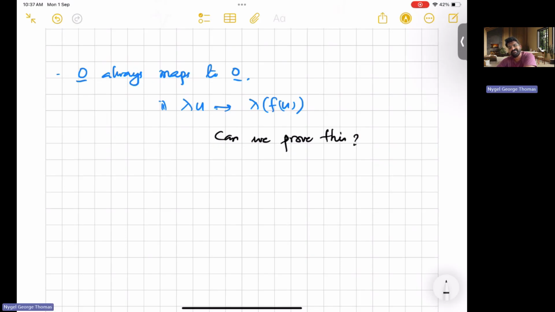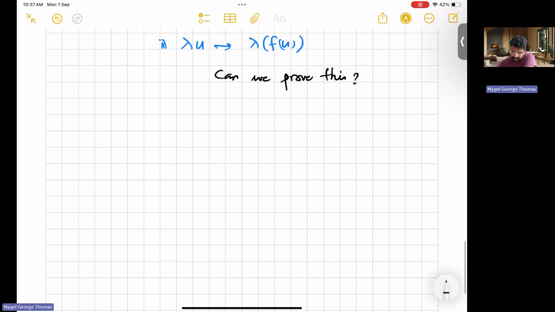What are the cases where zero does not map to zero? If you just do any kind of scaling, zero always maps to zero, right? Because multiplication with zero always ends up giving you zero. The only possible case is you can do a translation, right?